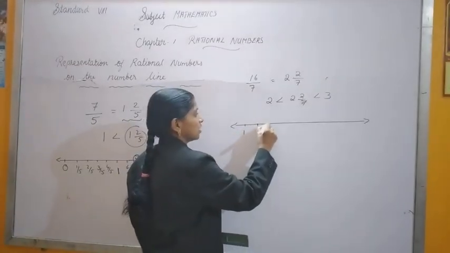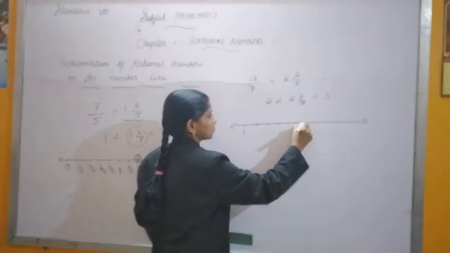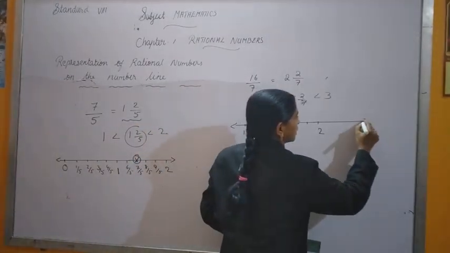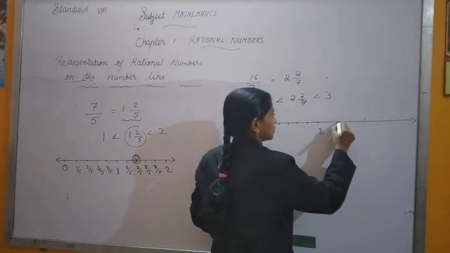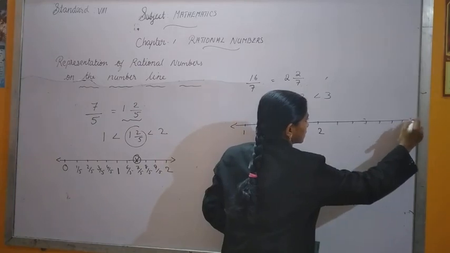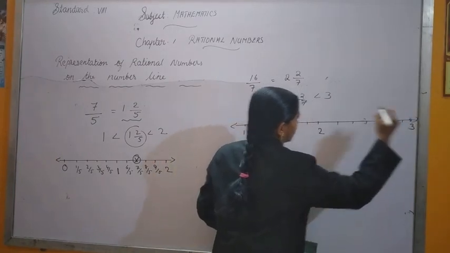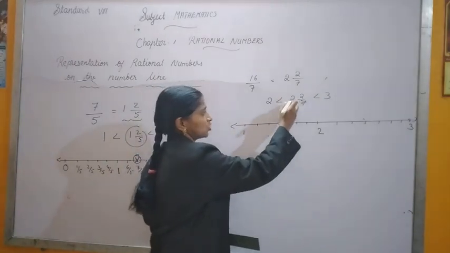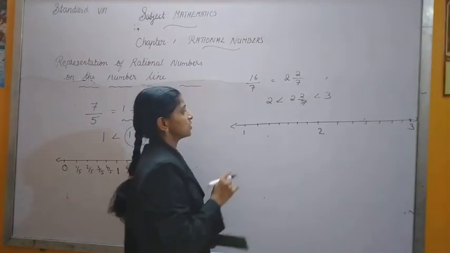From here 1, 2, 3, 4, 5, 6, 7, this becomes 2. Again we can divide it into 7 equal parts. 1, 2, 3, 4, 5, 6, 7, this becomes 3.